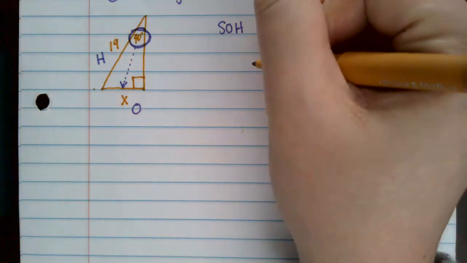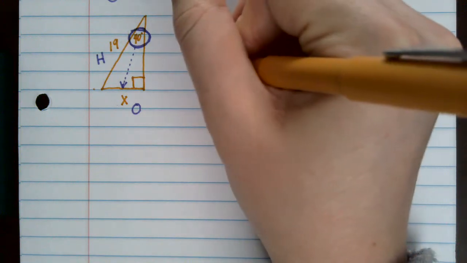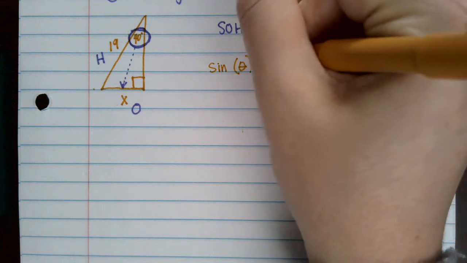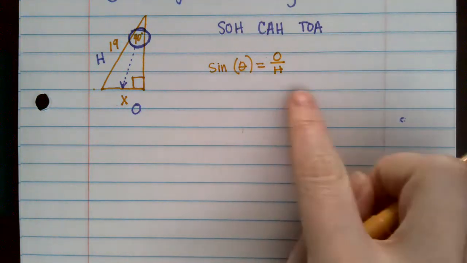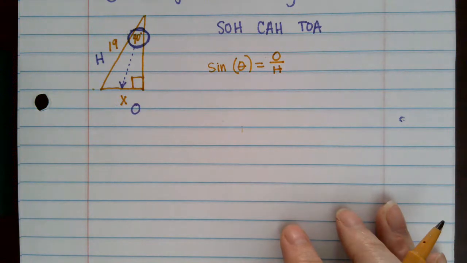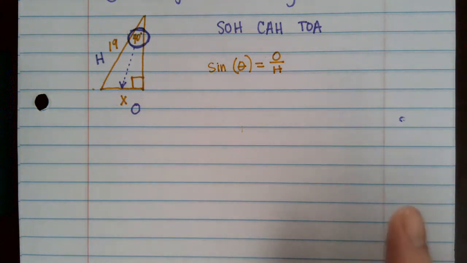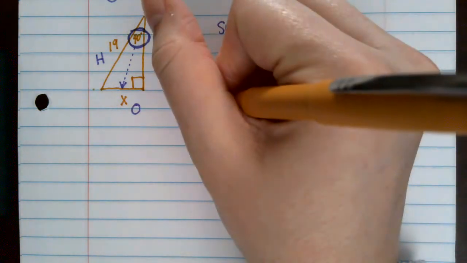And so we're going to set up our ratio using our sine. So the sine of any angle is the opposite over the hypotenuse. So that's our format.